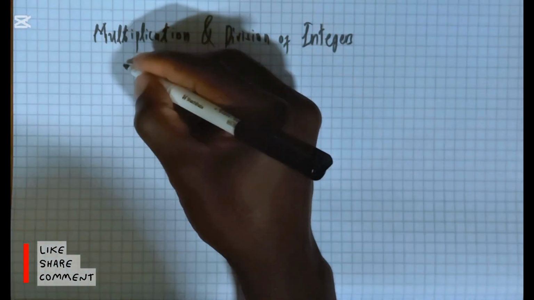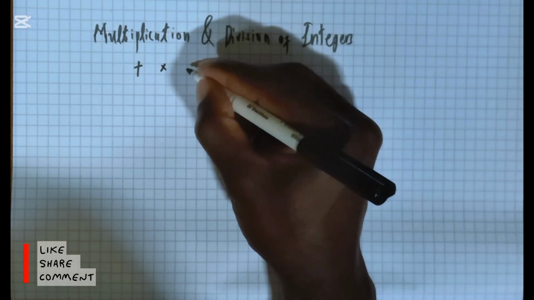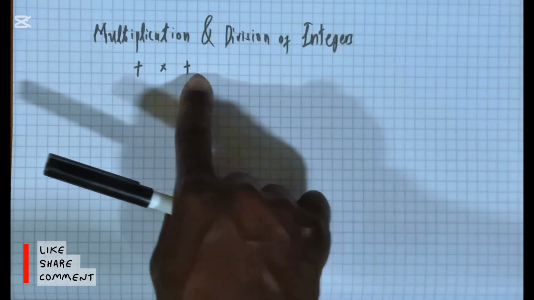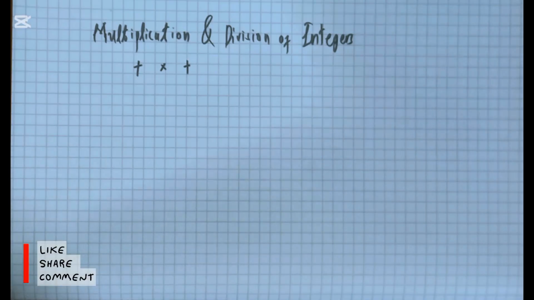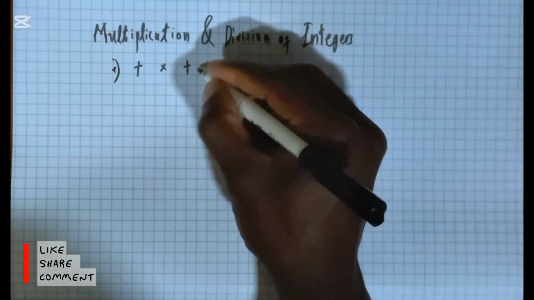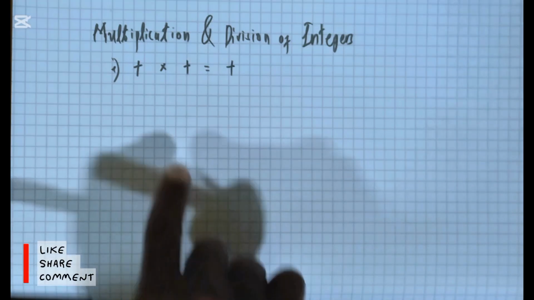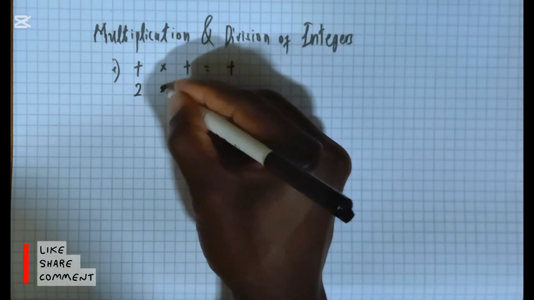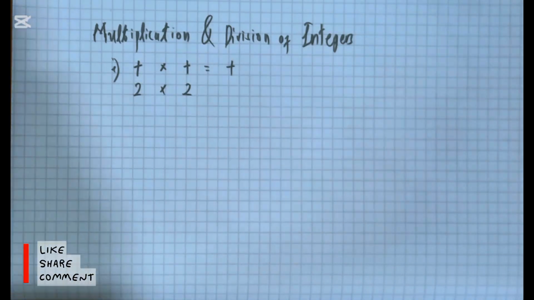The first thing: anytime you multiply a positive and a positive number, you will always get a positive product. Let's say we speak of 2 times 2. Those are two positive numbers.